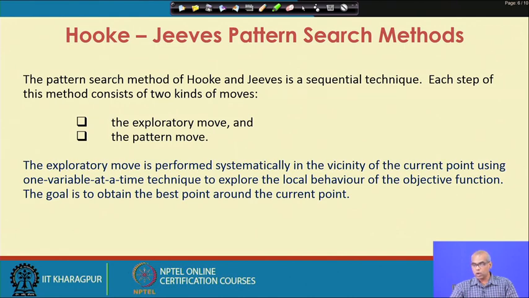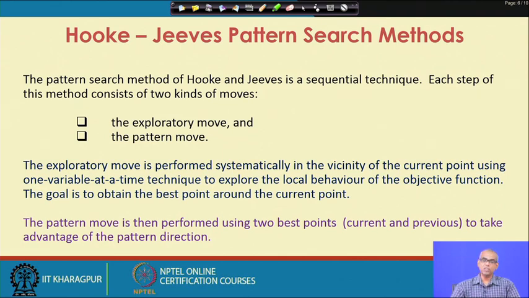So, we explore the local behavior of the objective function so that we can obtain the best point around the current point. If the function value is improved after this exploratory move, we will call this move a success, otherwise it is a failure.